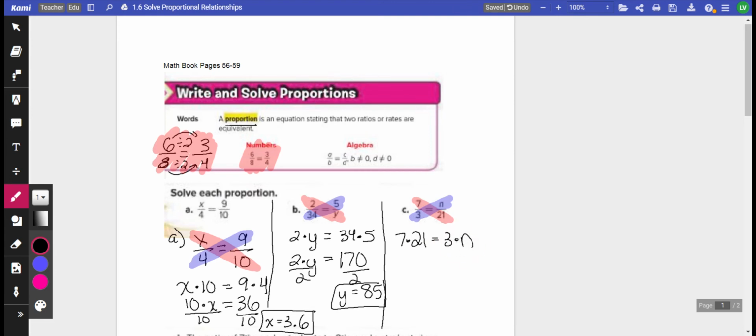Well, 7 times 21 equals 147, which is equal to 3 times n. So again, leaving that as 3 times n. I want to get my n by itself, so I'm going to divide both sides by 3. 147 divided by 3 gives me 49 equals n. You can leave it like that, or you can put your variable on the left side and make it n equals 49.